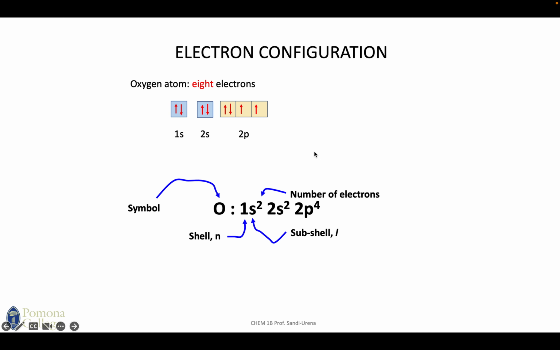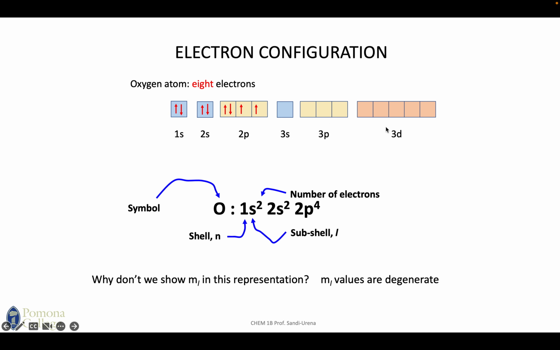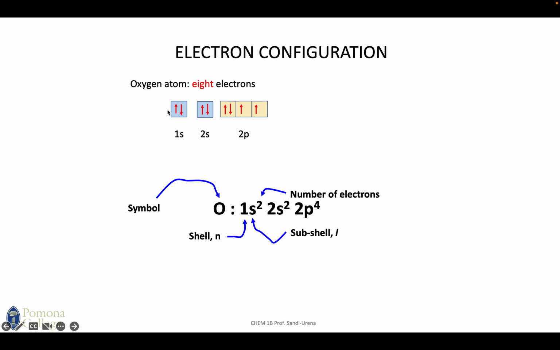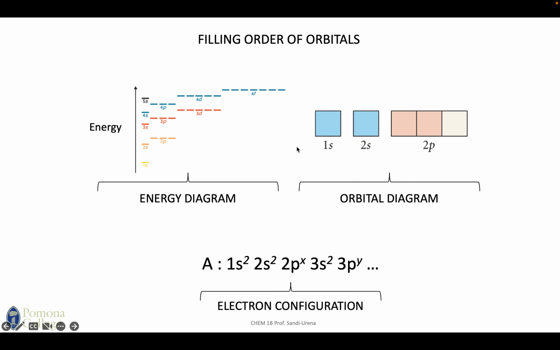And of course, when we have the orbital diagram here, we can also just ignore the orbitals that are not occupied. So we simplify both of them, the electron configuration and the orbital diagram. So we've talked about 3 different things: the energy diagrams, the orbital diagrams, and the electron configuration, and we need to be able to name them properly and not get them mixed up.